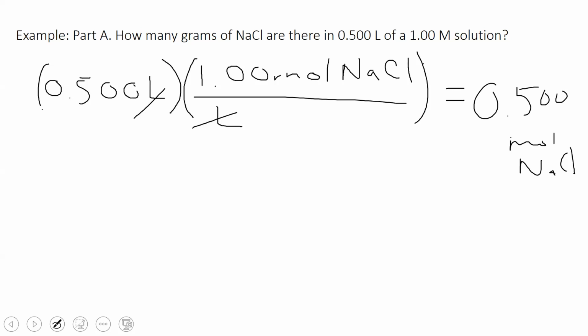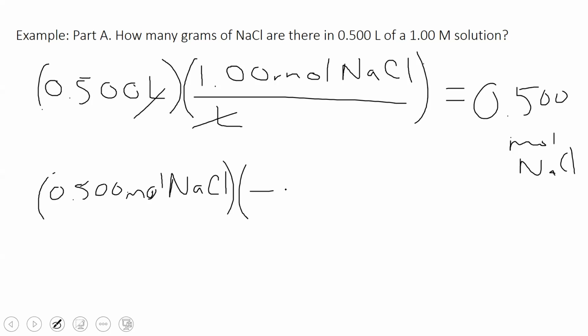And so once you have the moles of solute, of course, you just multiply that by the molar mass. So here, if we multiply that 0.500 moles of sodium chloride by the molar mass, the molar mass of sodium chloride is 58.45 grams of sodium chloride per mole.